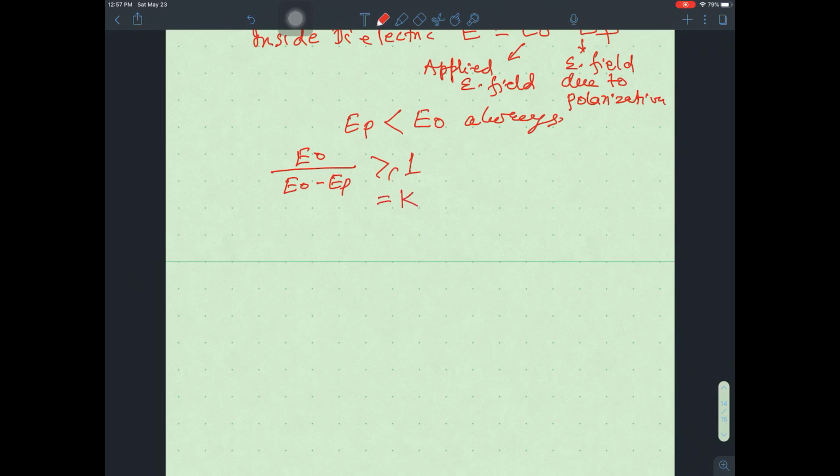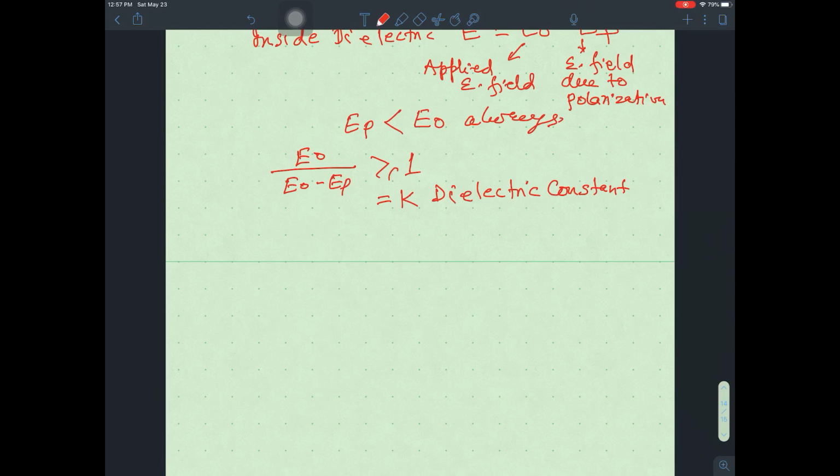And this quantity is called K, that is the dielectric constant.